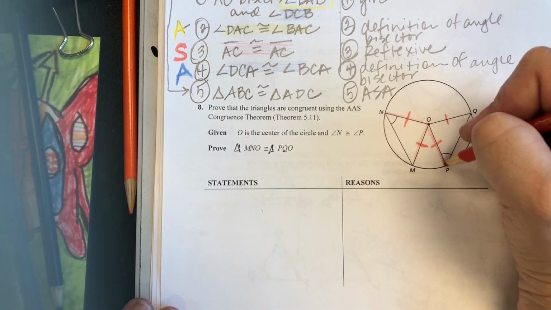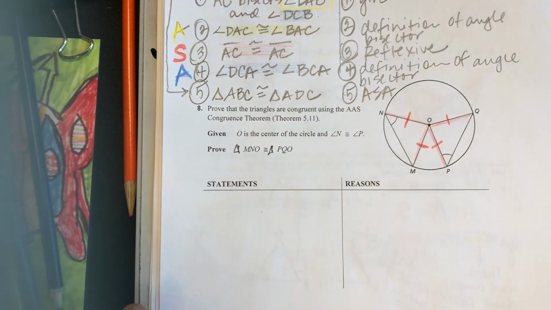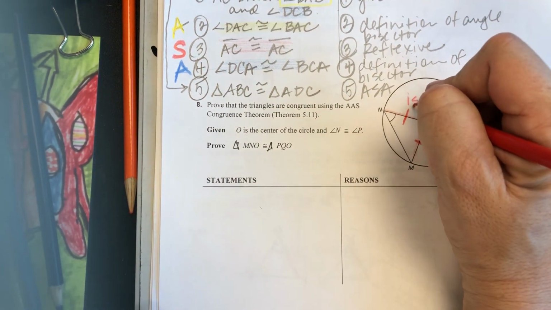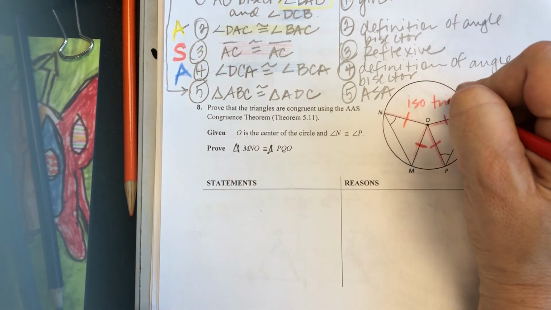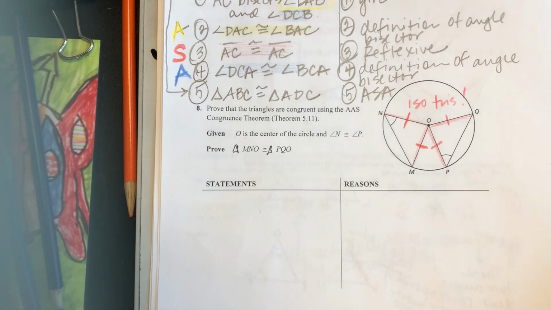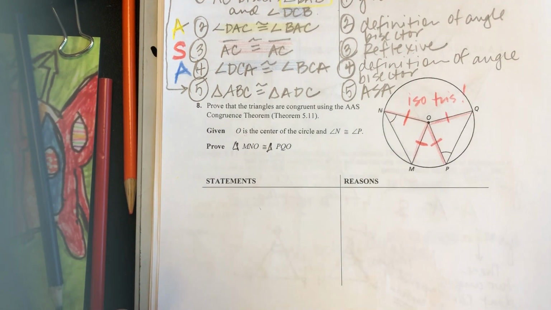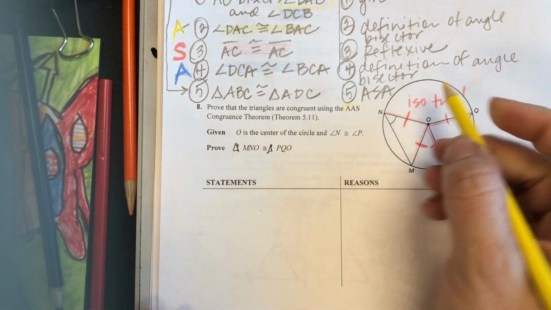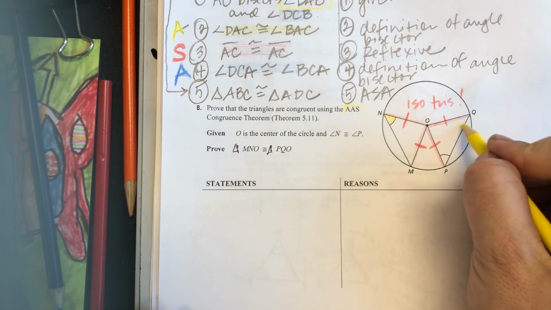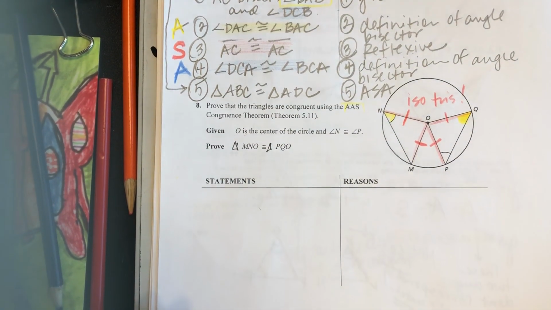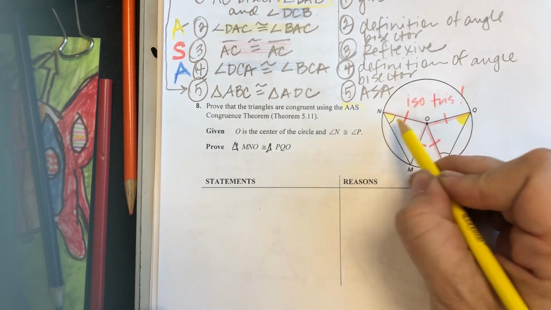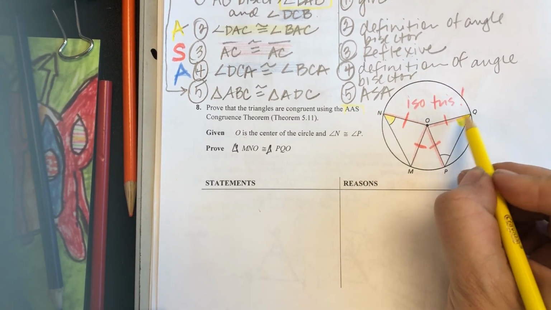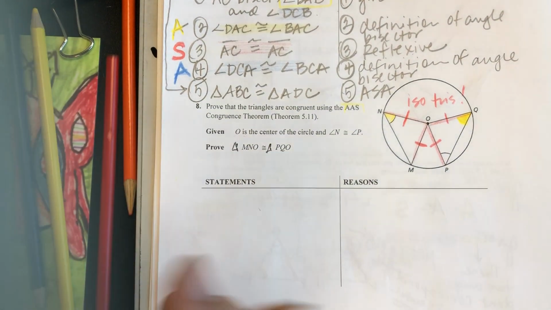And if they want us to use the base angles theorem, since these both are isosceles triangles, I think we're going to be able to force in some information about these base angles because, again, they want us to do AAS. I think I'm going to be able to say N and Q are the same because they're base angles. I'm drawing in yellow on Q. I'm going to match up N and Q. I just have to talk about how they're base angles.